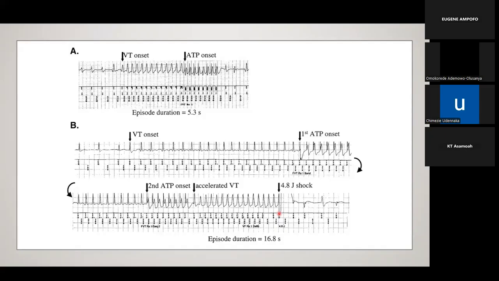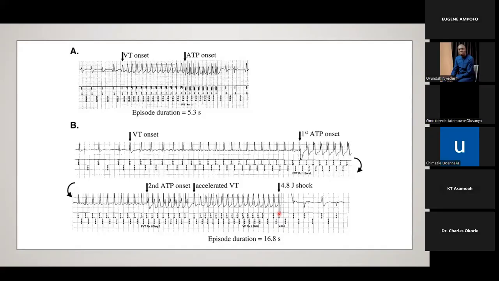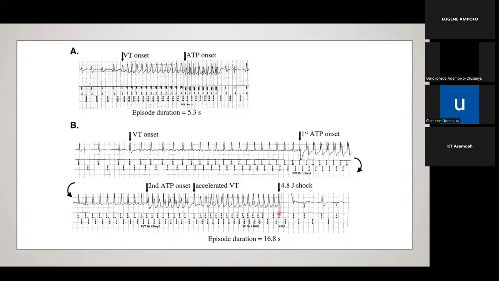Well, normally if you have an R-on-T and you deliver an impulse on the T wave, then there is that risk of degenerating into ventricular fibrillation. However, for those with VT, the ventricle doesn't really repolarize as it should.